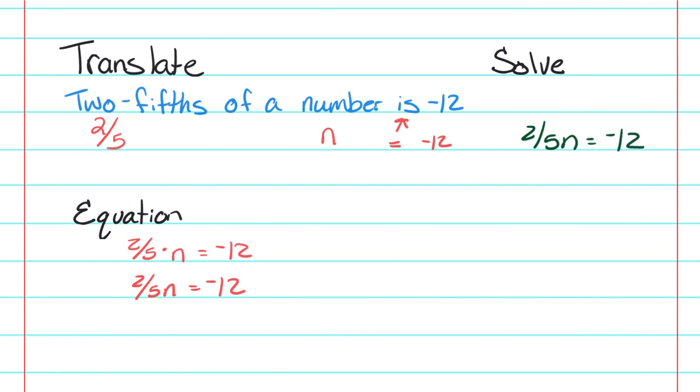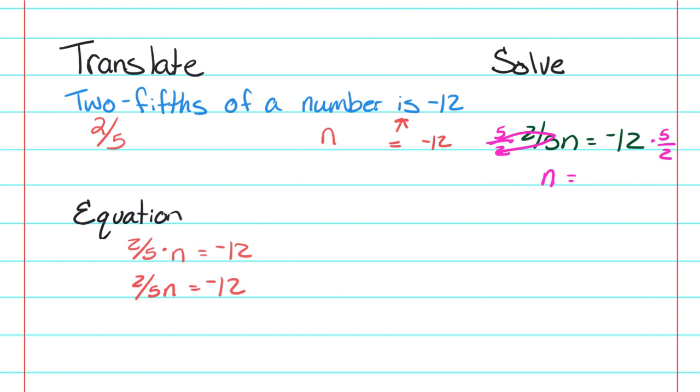Over here, 2/5 n equals -12. I have 2/5 times n, so the inverse operation of multiplying is division. I could divide both sides by 2/5, or I can cancel out a fraction by multiplying by the reciprocal. If I multiply both sides by 5/2, it will also cancel out, leaving me n.